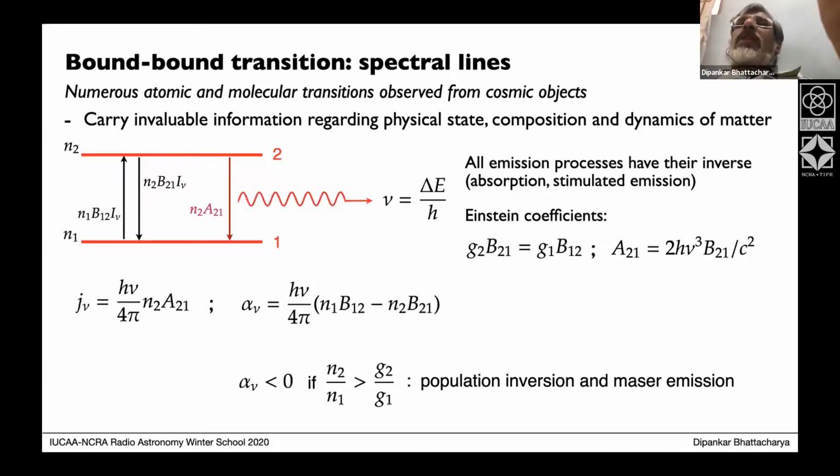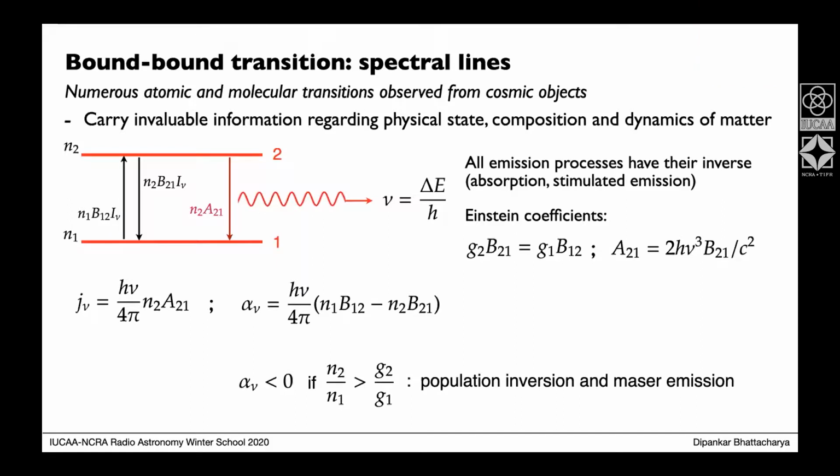Now, there's also the process where an electron in state 2 can make a spontaneous radiative transition to state 1 and create a photon of frequency nu, equal to delta E by h. This spontaneous emission is the emission process that we know about.